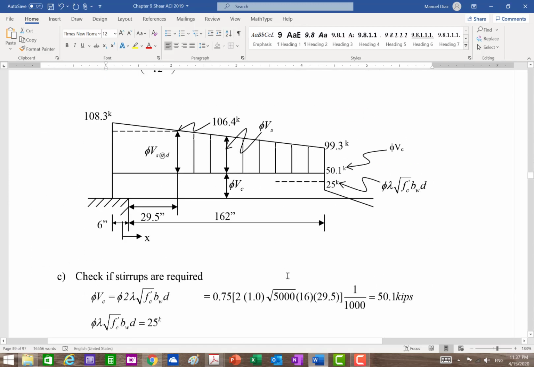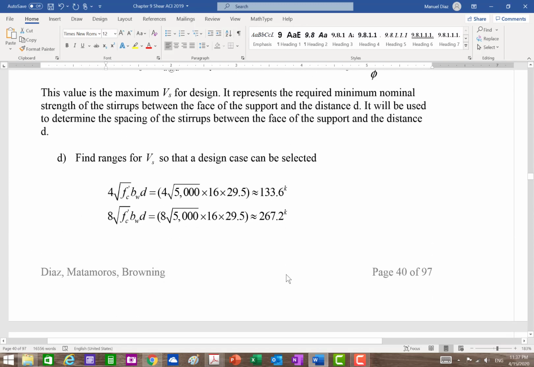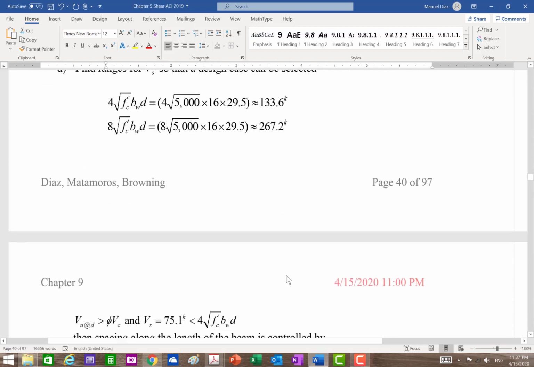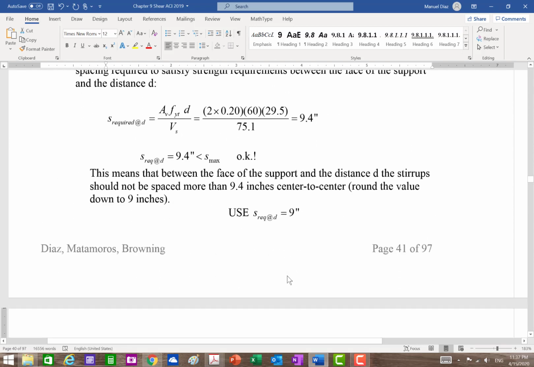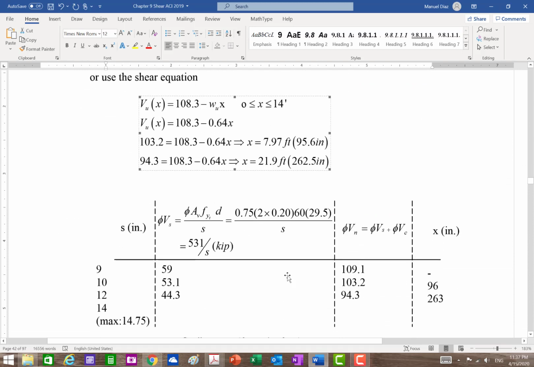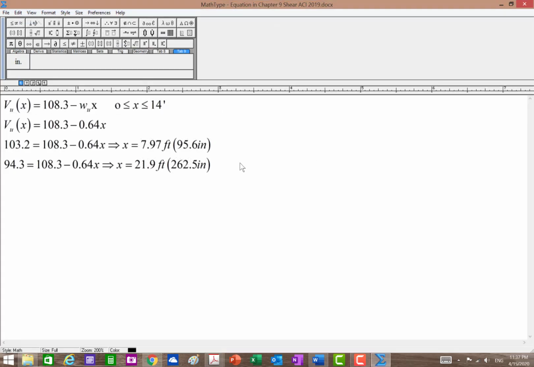So that number has to be ignored, or if you want the exact number, you have to include in your formula the value of the point load. Okay? So let me put that here so you guys remember this when I make the copy available to you.